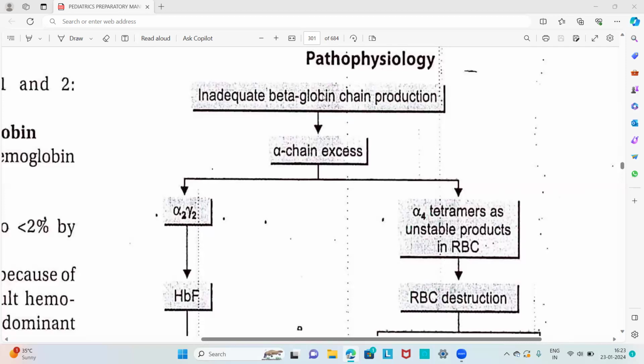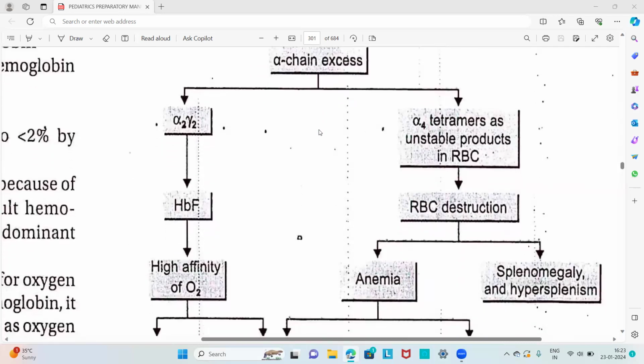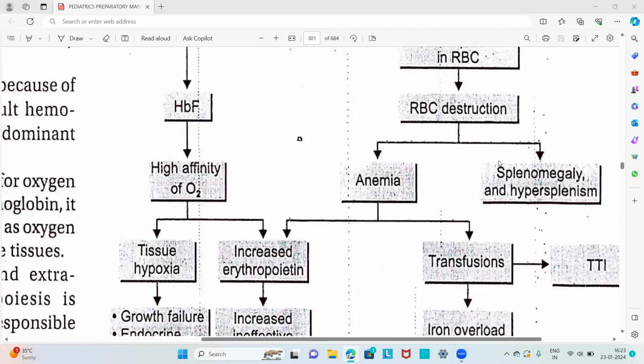Because of inadequate beta globin chain production, there will be an excess of alpha chain. This excess alpha chain forms alpha 4 tetramers, which are unstable products in the RBC, and that causes RBC destruction when passing through the capillaries. Because of this RBC destruction, there will be splenomegaly and hypersplenism. That is a characteristic of thalassemia.